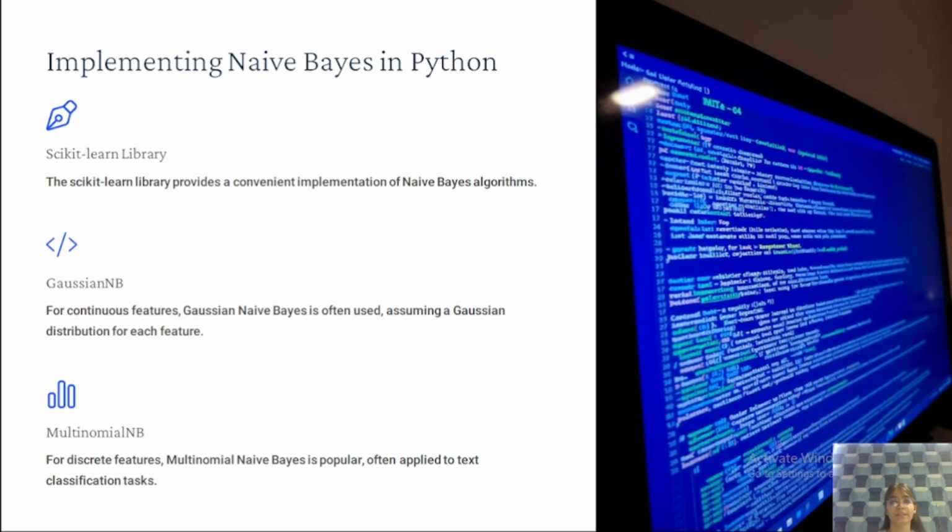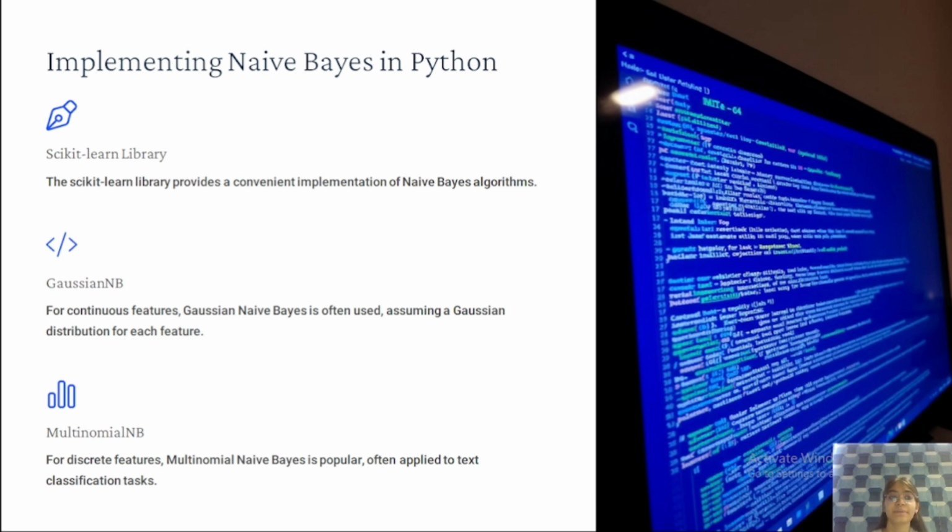We are using Python. You can use any other language also. So in Python you have to import some libraries, that is the scikit-learn library, GaussianNB and MultinomialNB. Libraries help you to provide the particular output as you need it.